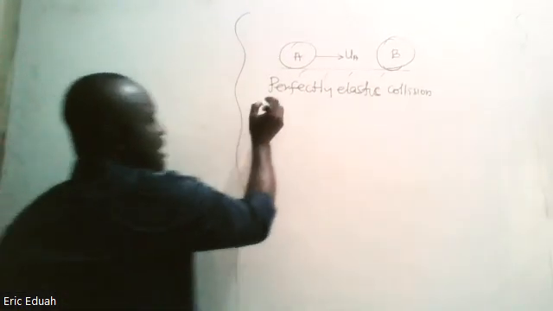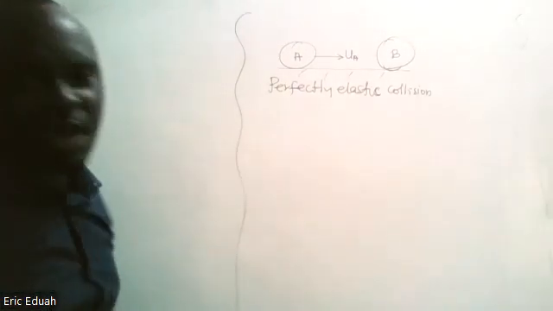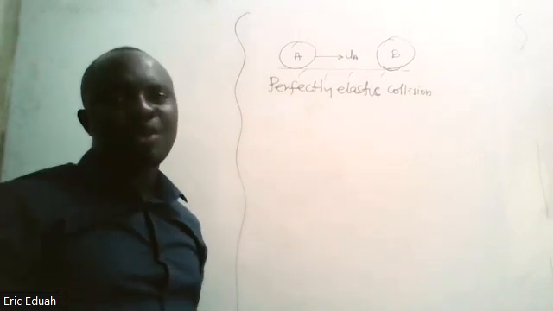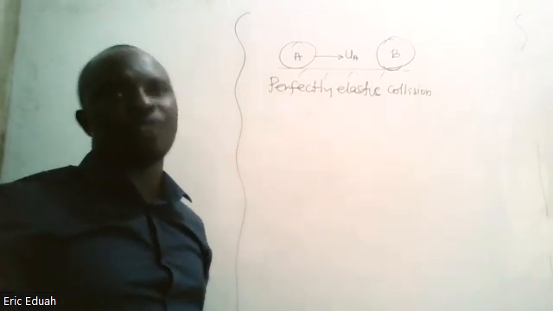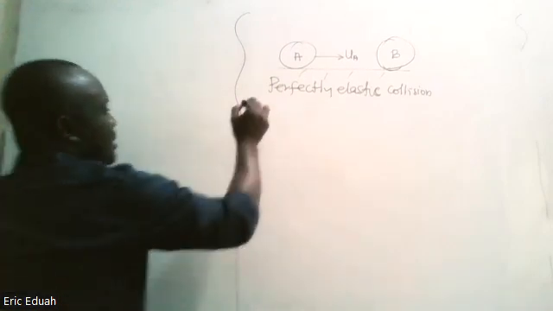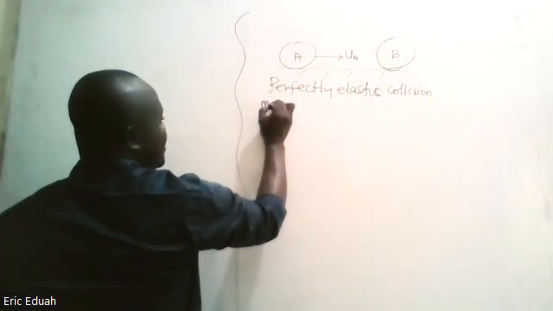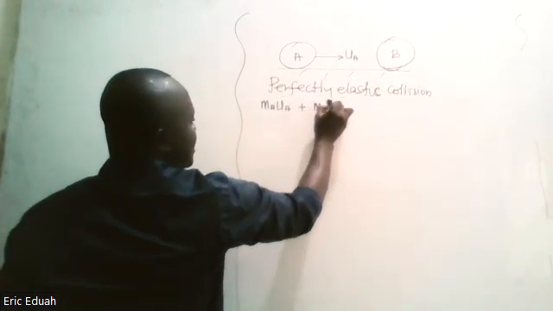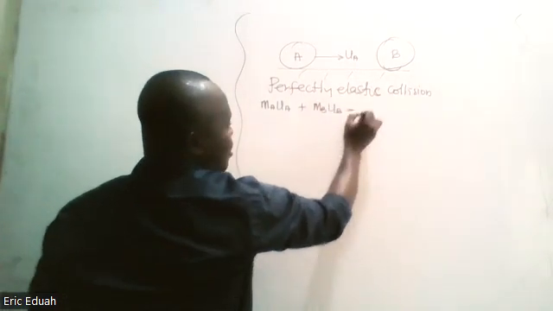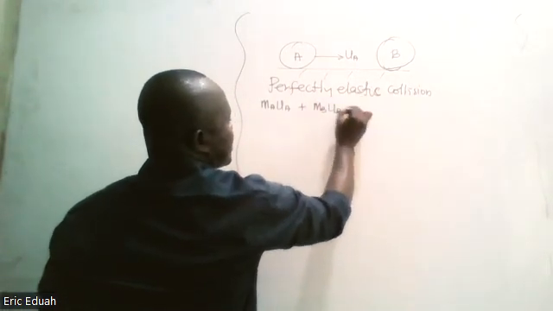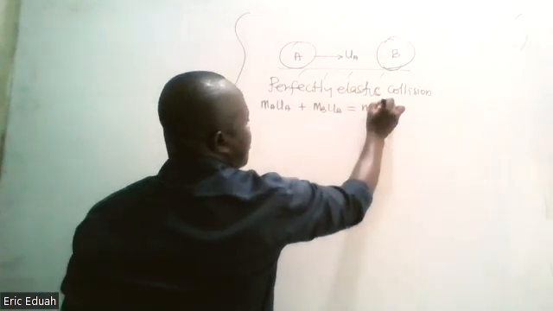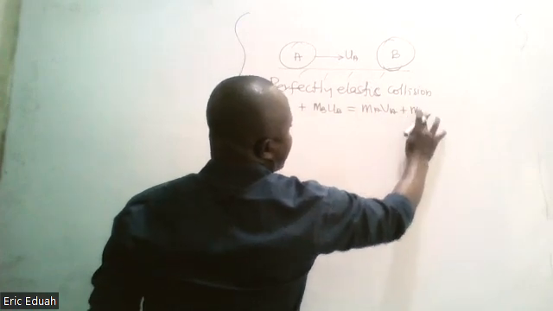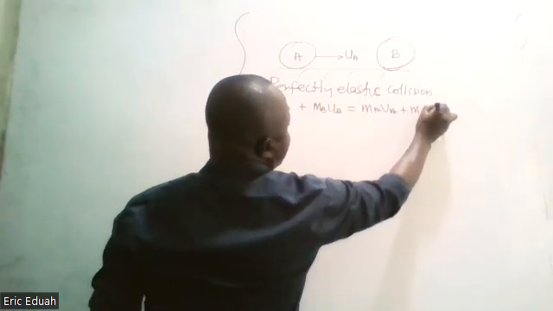So once there is a conservation for this, write an equation for conservation of momentum, and write an equation for conservation of kinetic energy. So MA UA plus MB UB must be equal to MA VA plus MB VB.